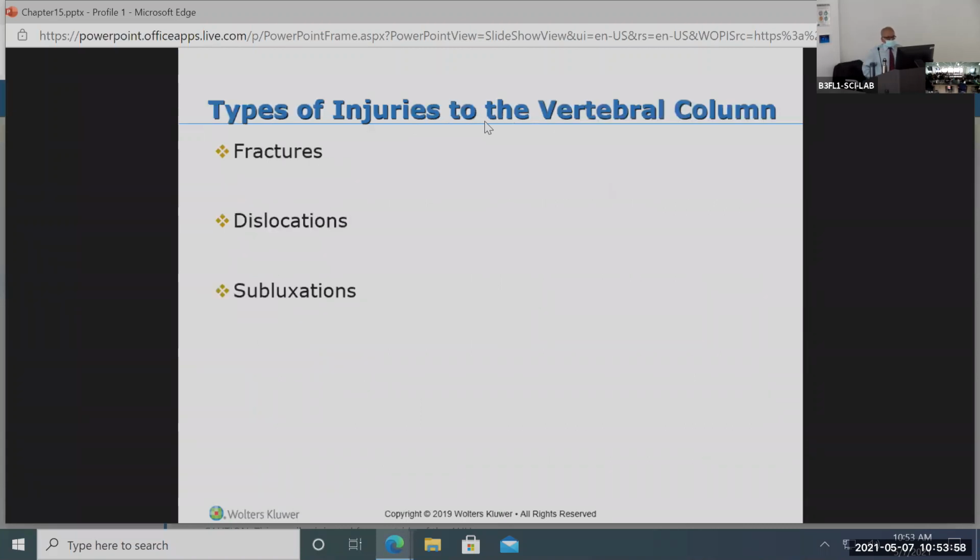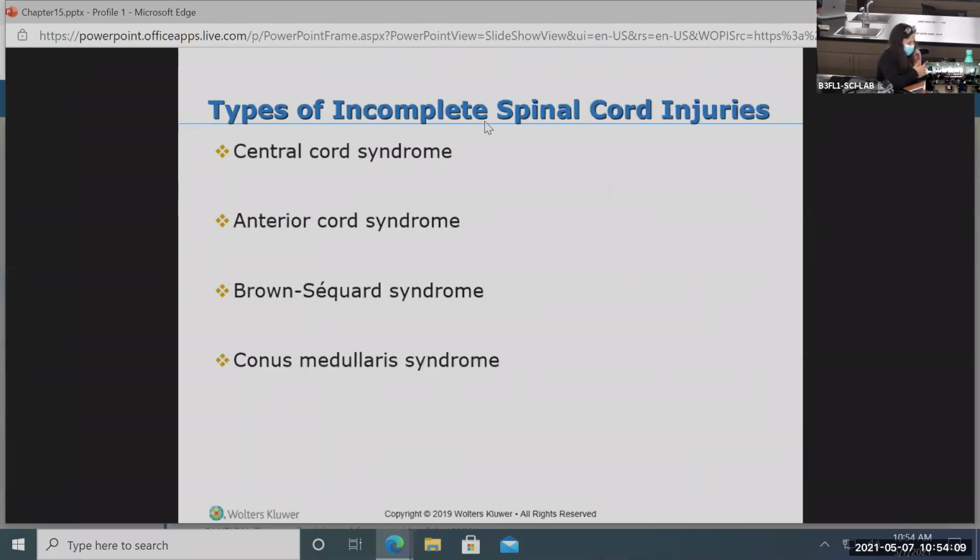Okay, the types of injuries to the vertebral column: the fractures, the dislocation, and subluxation. Ligament becomes loose. These are in the text. You guys can go ahead. Central cord syndrome, anterior cord syndrome, Brown-Séquard syndrome. Look at the diagram in the textbook also with the cross section of the spinal cord.